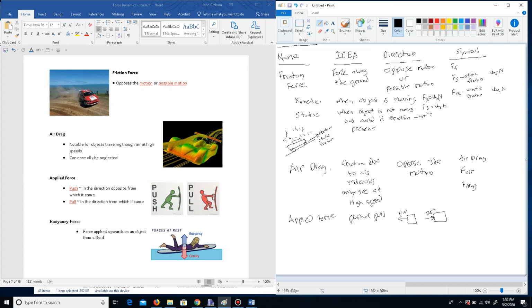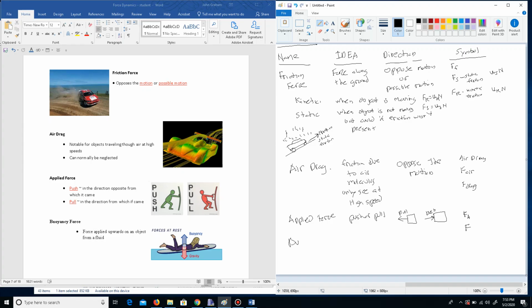Either way, the arrow notes the direction. That's what really matters. And symbol, you may have it F_A for applied, maybe just F for applied. Sometimes if you're applying it to a cable, you may use it as a tension. Really, this is kind of the big force that traps any other possible forces.